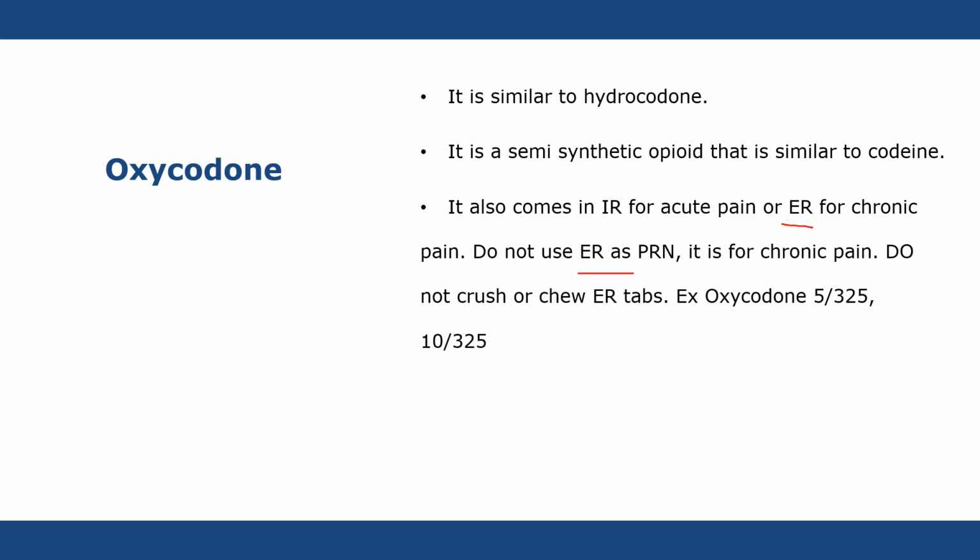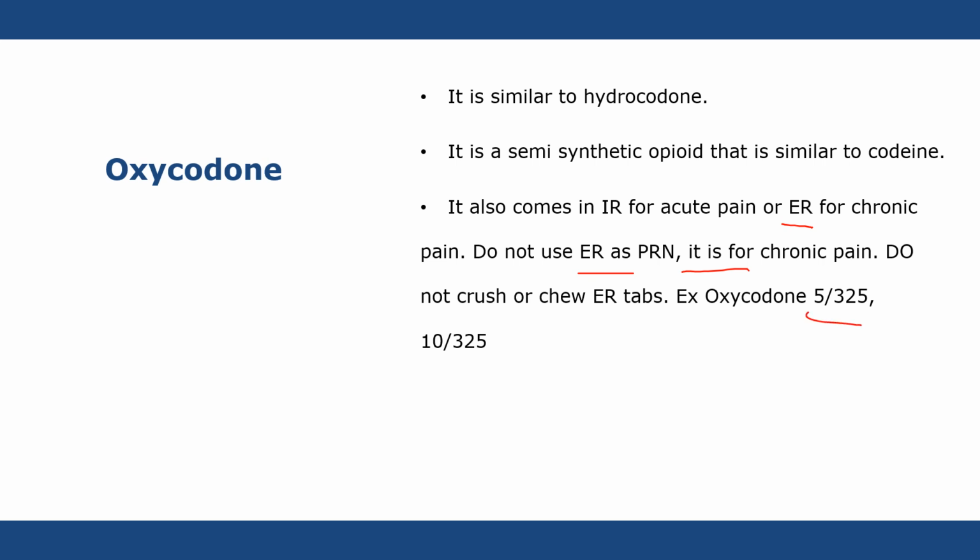It takes a while for that medication to kick in. So ER would be for chronic pain, and if it's ER oxycodone, we cannot crush, we cannot chew. That means if the patient has a G-tube, you cannot really crush this medication and put it through the G-tube.